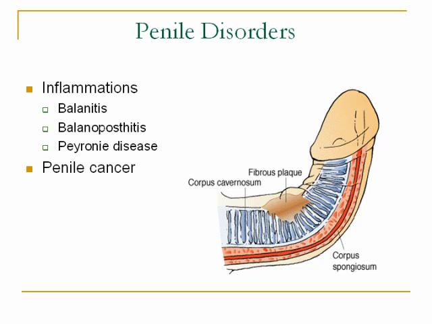So with that, let's talk about some penile disorders here, starting with some inflammations. Balanitis is acute or chronic inflammation of the glans penis. Balanoposthitis is inflammation of the glans and the prepuce, which usually occurs in those males who have a condition called phimosis.